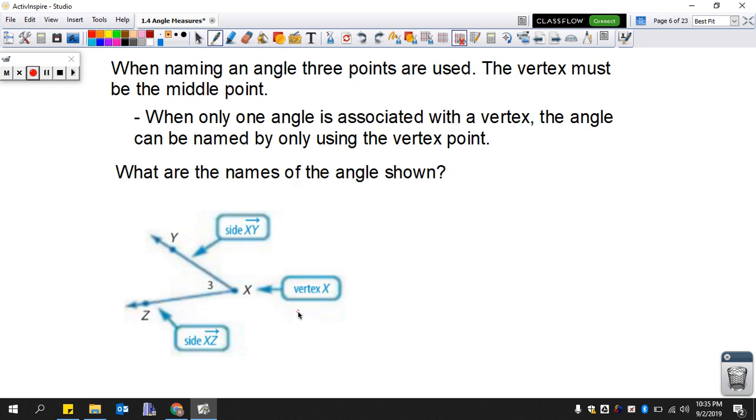So in this example here, we're asked what are the names of the angles that are shown. So, like I said before, we're going to name it using the 3 points.